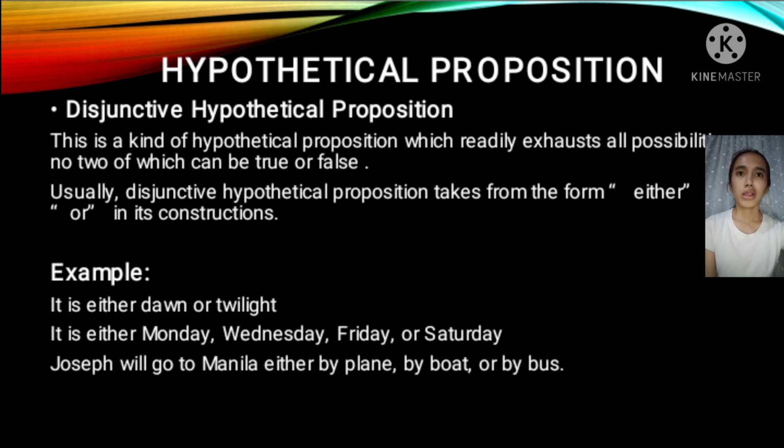Example, it is either dawn or twilight. It is either Monday, Wednesday, Friday, or Saturday. Joseph will go to Manila either by plane, by boat, or by bus. The word either is the negative form.